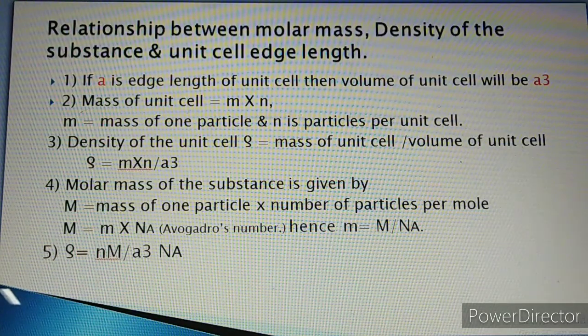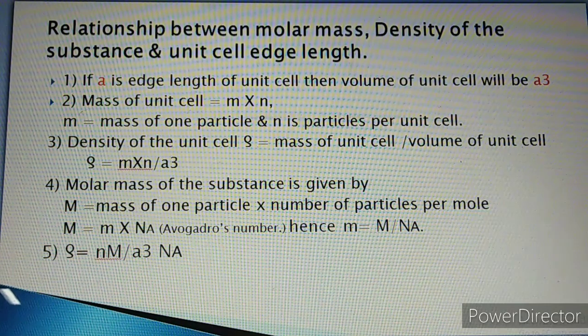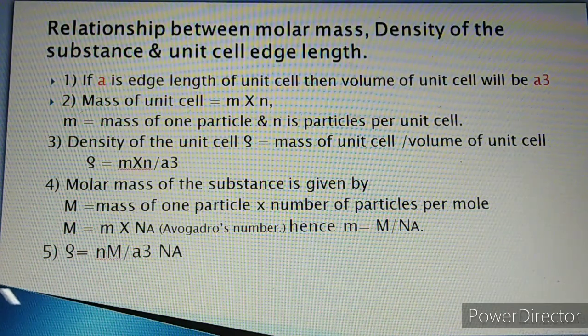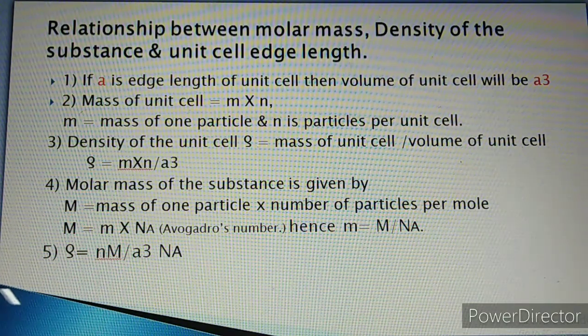Now again, one more derivation, that is the relationship between molar mass, density of a substance and the unit cell. What is that relation? See the 5th point: rho is equal to n M divided by a cube into Na, where n is the number of particles per unit cell, capital M indicates the molar mass of the substance, a cube is the volume of the unit cell, and Na is the Avogadro number, 6.022 into 10 raised to 23.